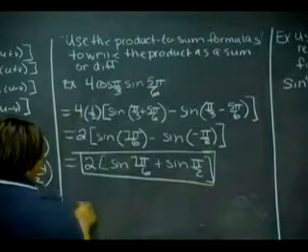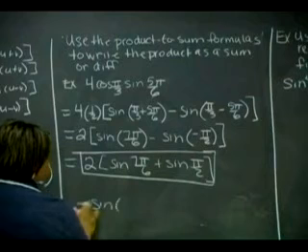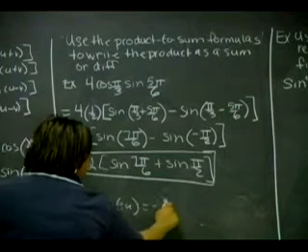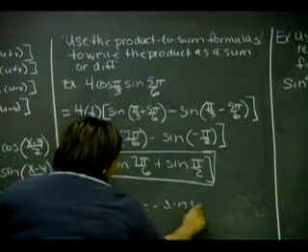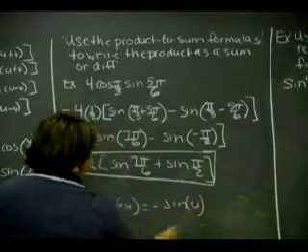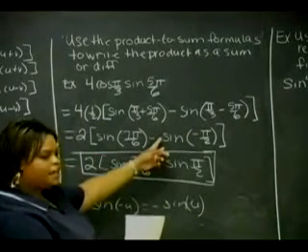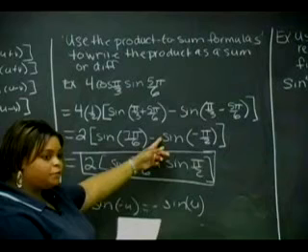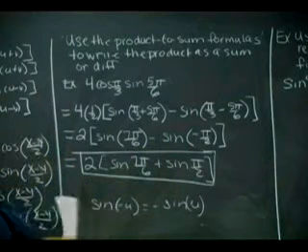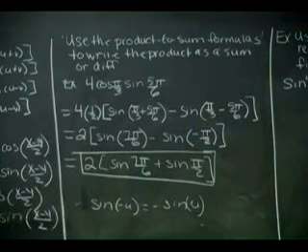Sine of negative u is negative sine u, so the double negatives make positive. So all you do with that 1/2 is multiply that to 4.